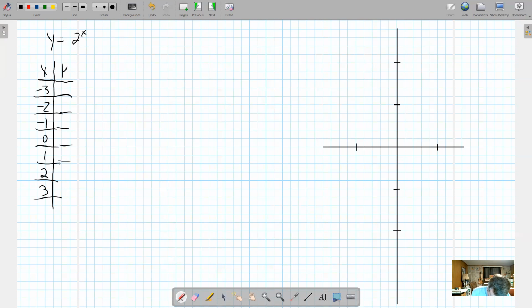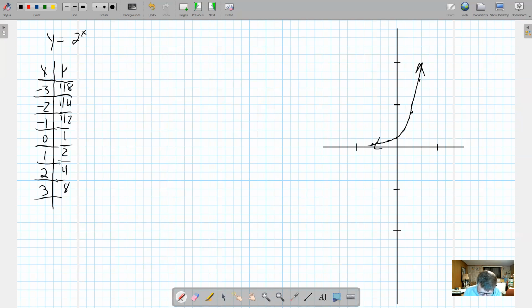And this is, what did we have? 1/8, 1/4, 1/2, 1, 2, 4, and 8. -3, 1/8. My bad. -3, 1/8, then 1/4, 1/2, 1, 2, 4, and 8. So our graph looks like that.